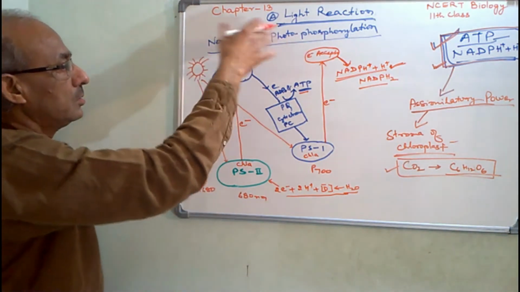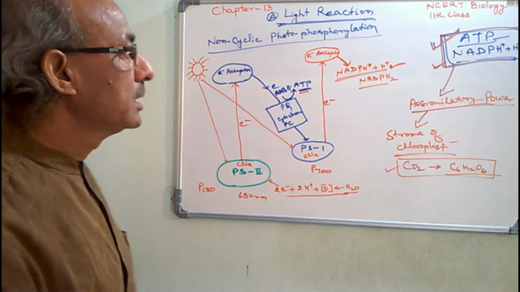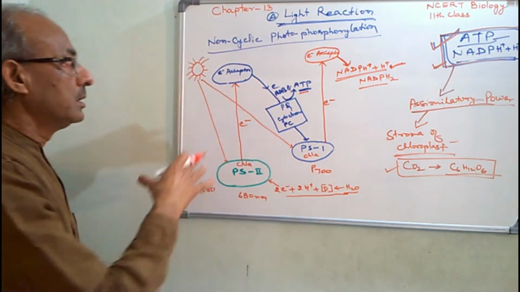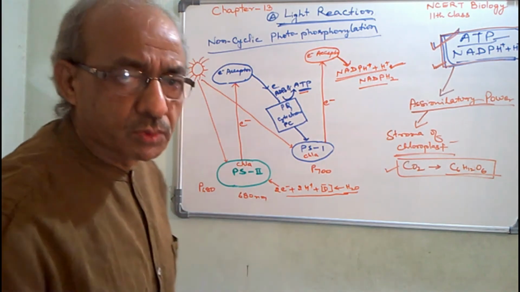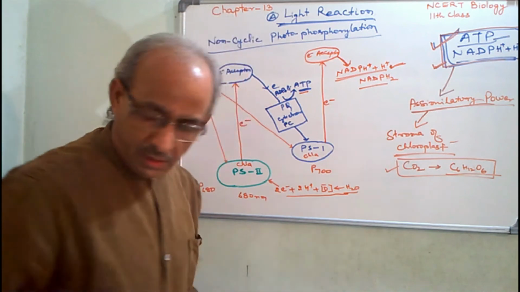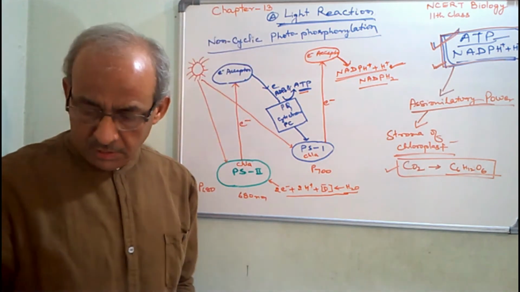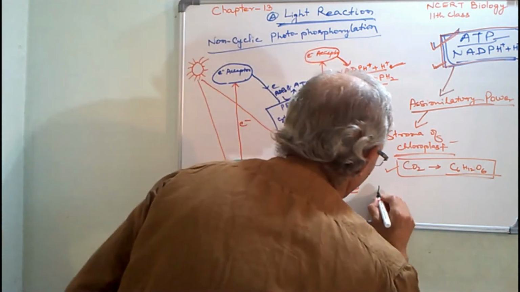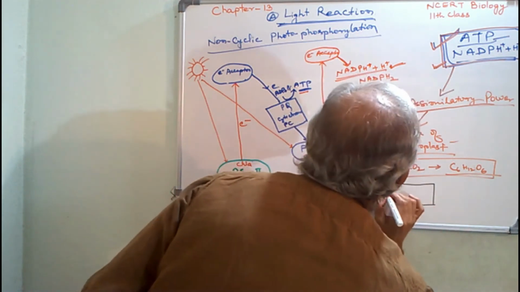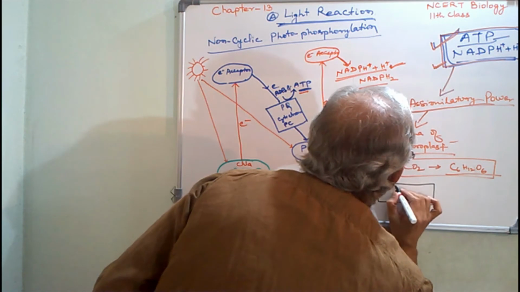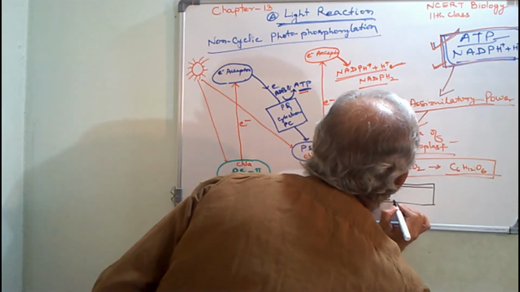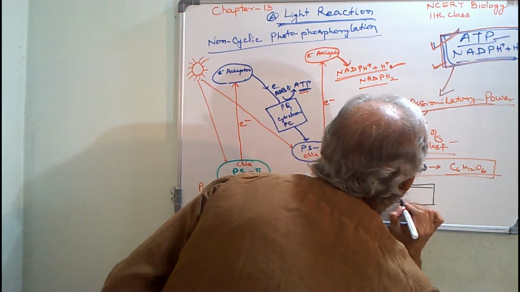This is the overall description of non-cyclic photophosphorylation. And non-cyclic photophosphorylation takes place on the membrane of the thylakoid, as the membrane of the thylakoid consists of both photosystem first and second.